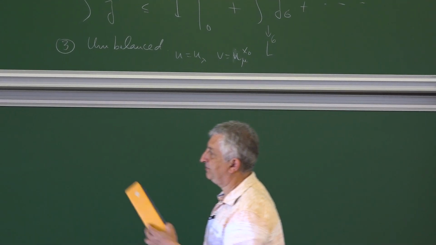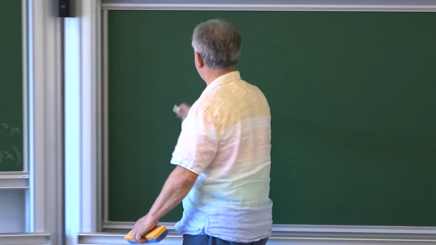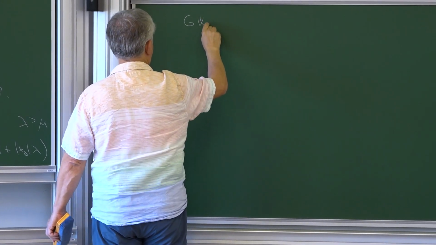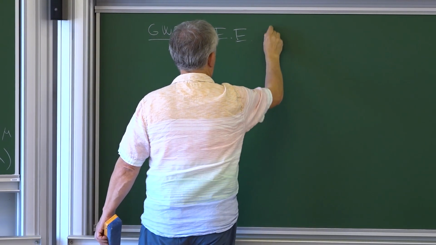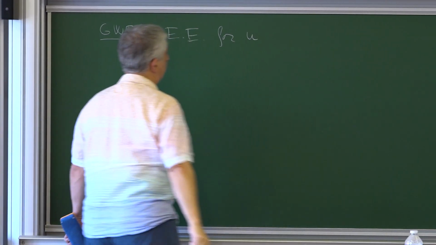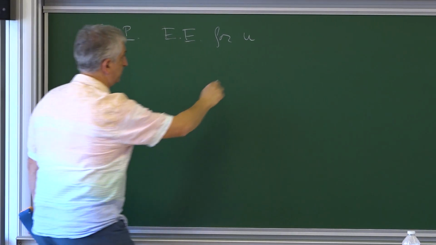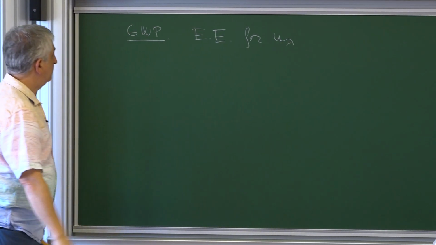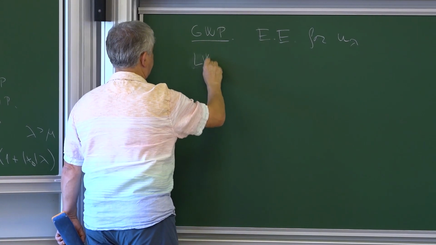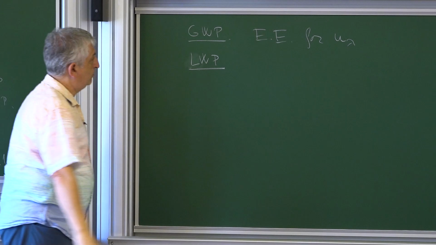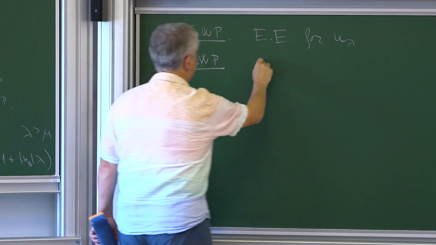And so at the end of the day, in terms of global well-posedness, you get these energy estimates for the solution, for the dyadic components of our solutions, u lambda. On the other hand, if we look at the local well-posedness part of our result, then we need energy estimates.